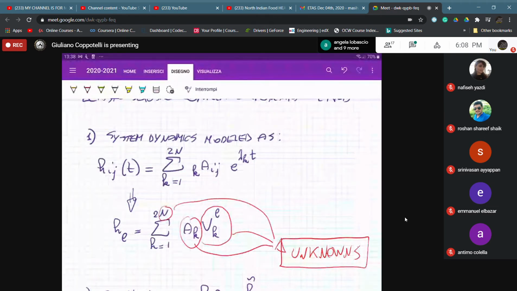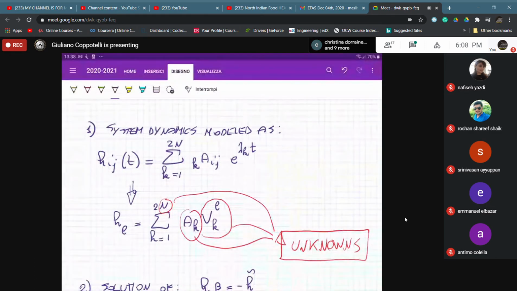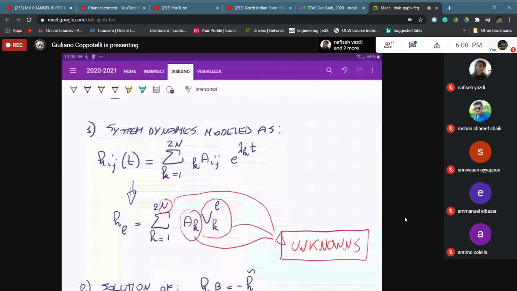Okay, so for example, if we have n equal to 1, then we have just one solution, one complex conjugate solution actually. Okay, then when we choose n equal to 2, we have 4 solutions, that is 2 solutions in the real part, and so forth, and therefore we can have a lot of solutions.